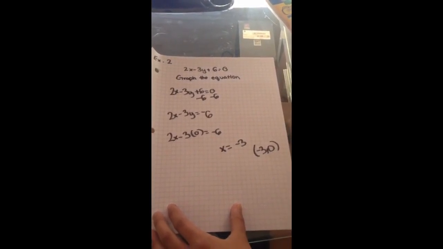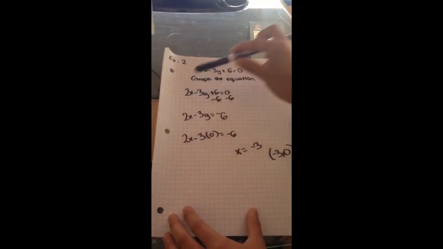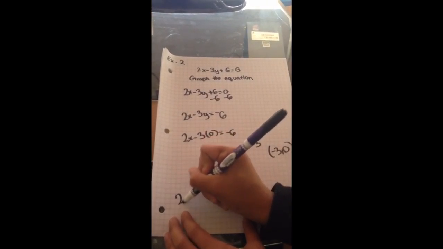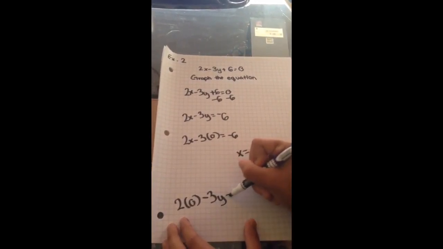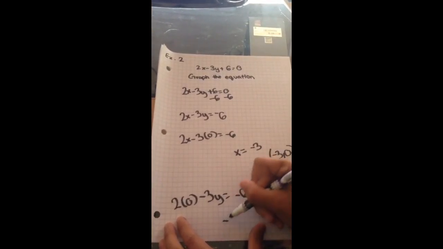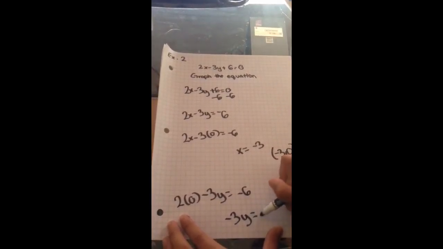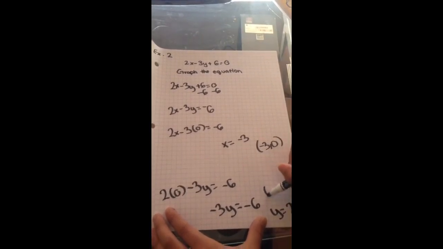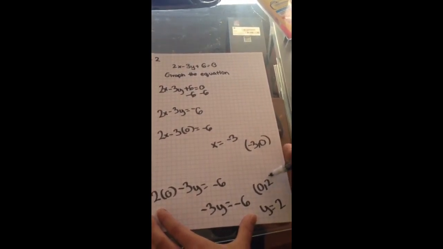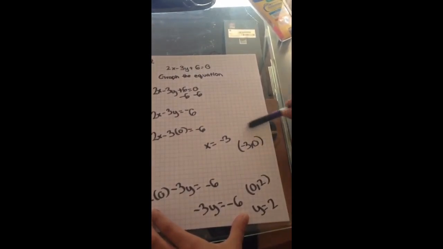And now we're going to substitute x with 0 to get our y-intercept. So 2 times 0 minus 3y equals negative 6. Negative 3y equals negative 6. So y would be 2. So our y-intercept would be (0, 2). So these are the 2 points that we are going to plot in our graph.